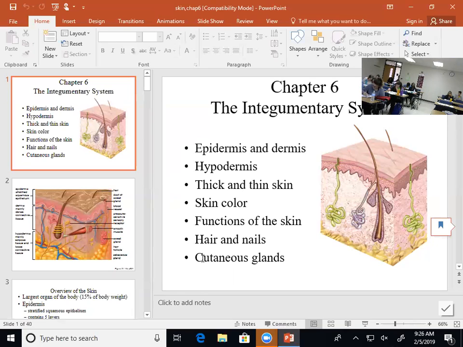Is that right? All right. So look at quite a few different pictures, because your lab quiz where you are labeling those structures might not be these exact pictures, but that would be all right.